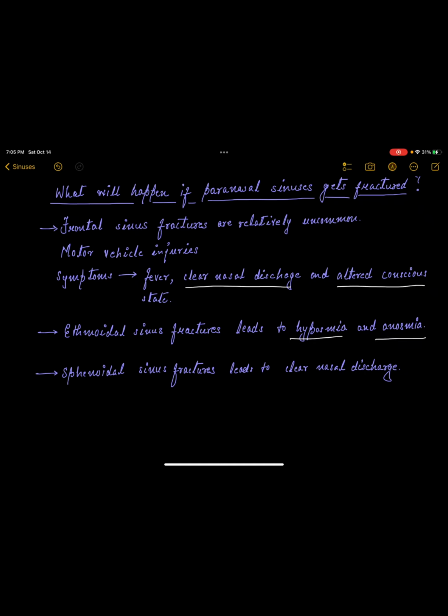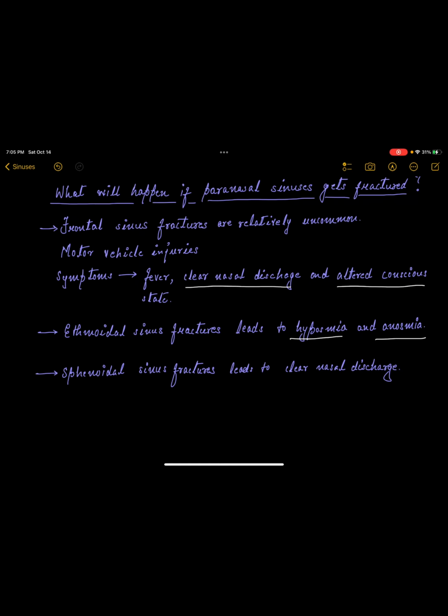Hyposmia means decreased sense of smell, and anosmia means complete loss; there is no sense of smell at all. Symptoms like hyposmia and anosmia develop because, due to accumulation of blood, they block the nasal passage, or due to development of infection in the sinus.